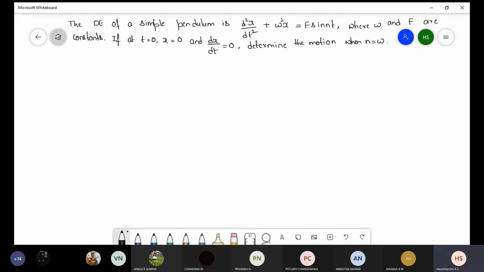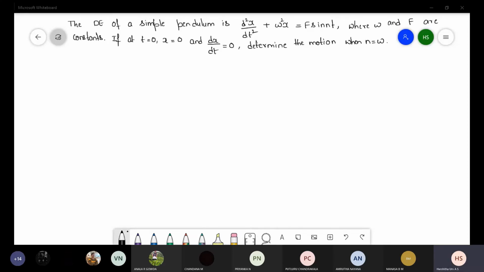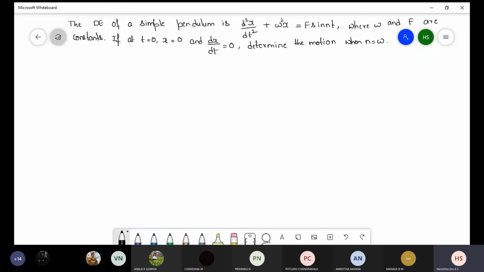what we have to do is write the given equation in the form of a differential operator. So here (D² + w²)x, because they have given it in terms of x, is equal to f sin nt. So the auxiliary equation is m² + w² = 0.